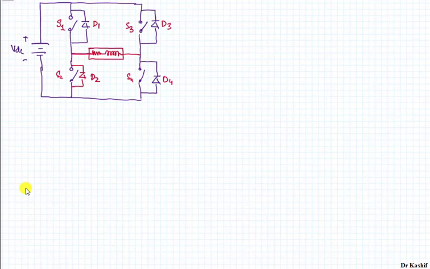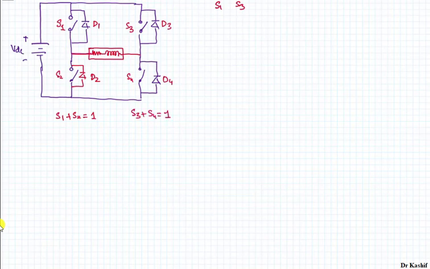Now we quickly develop the switching table looking at this circuit and defining it with respect to the high side switches. So I'm going to consider S1 and S3 over here, assuming that this circuit is operating in the complementary mode, where S1 plus S2 is equal to 1, and S3 plus S4 is equal to 1.